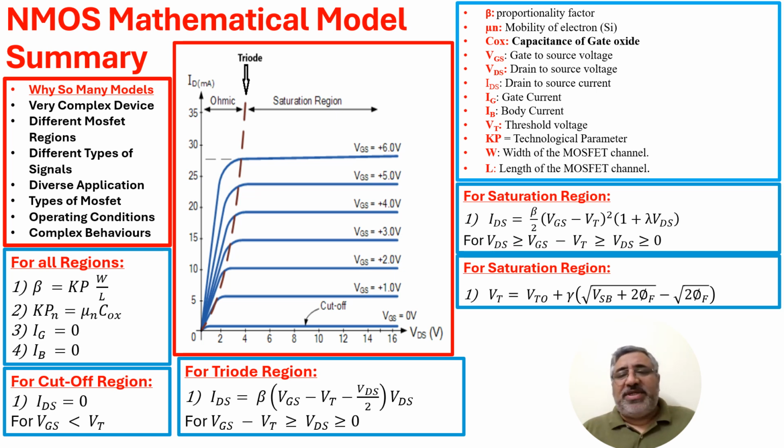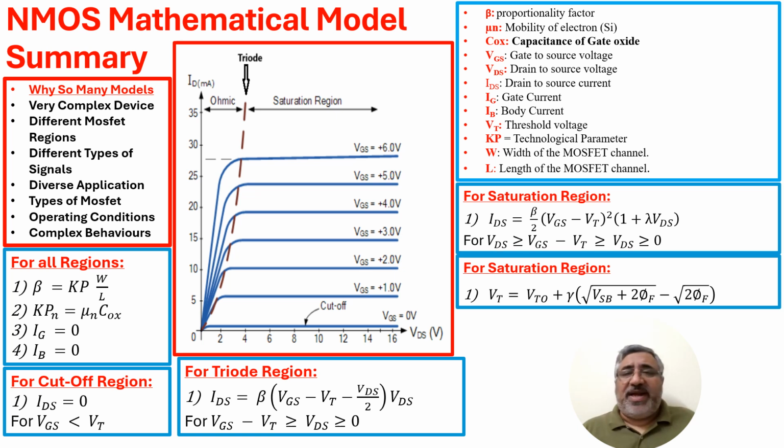In the triode region of the MOSFET, where VGS minus VT, which is also called the overdrive voltage, is greater than or equal to VDS, the drain current IDS is described by the equation IDS equals beta times (VGS minus VT minus VDS over 2) multiplied by VDS, for VGS minus VT greater than VDS and VDS greater than 0.